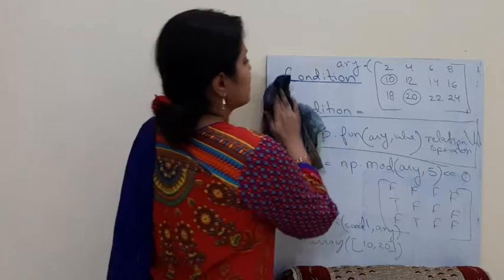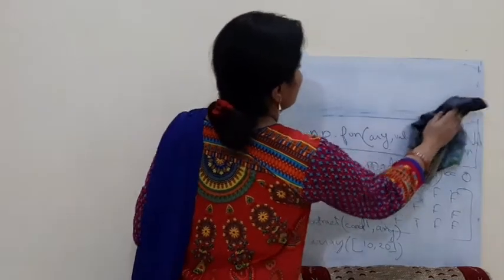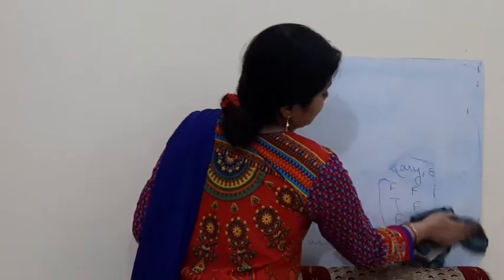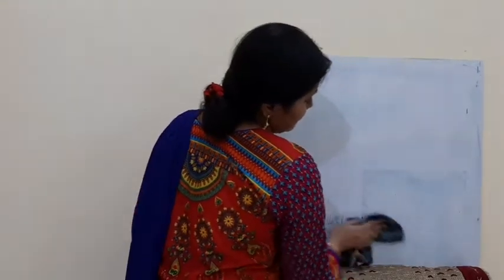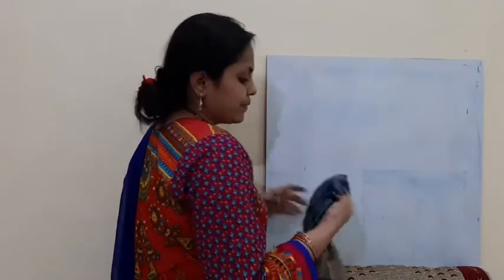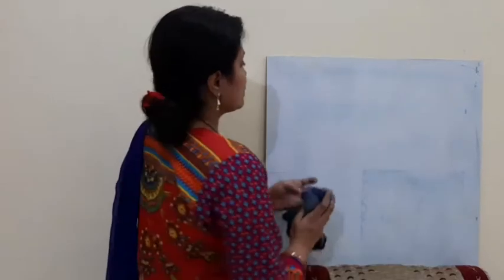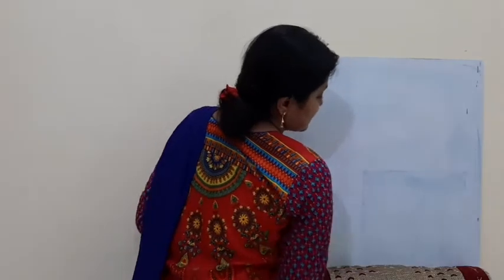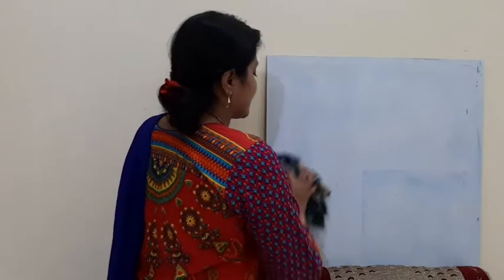Now I am coming to my second topic, that is concatenation or joining of arrays. As we have seen, we need to split an array, divide an array, or extract subsets of an array. Sometimes it's necessary to join some arrays.